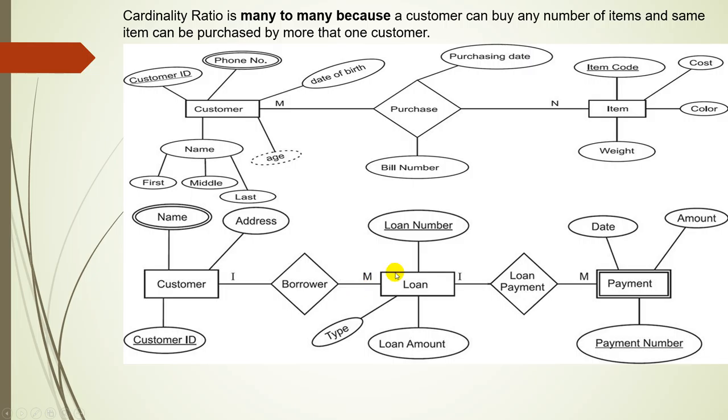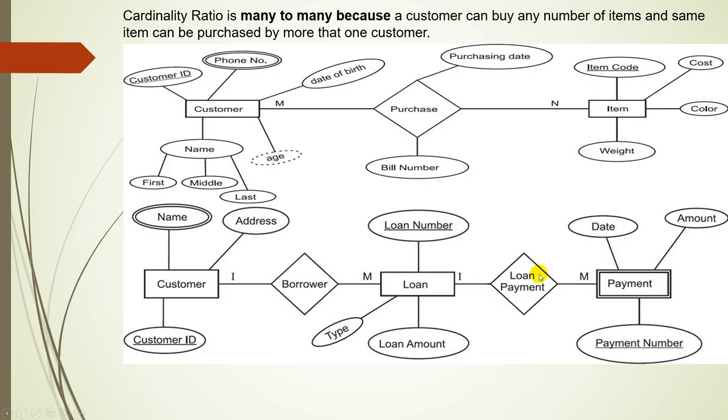And again, a loan is connected via the relation loan payment to the payment attribute. So loan number 1 has 4 payments, for example. Payment number 1, payment number 10, payment number 20, and payment number 30, for example.